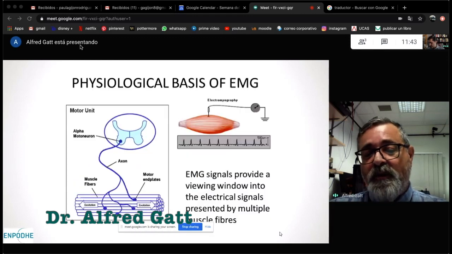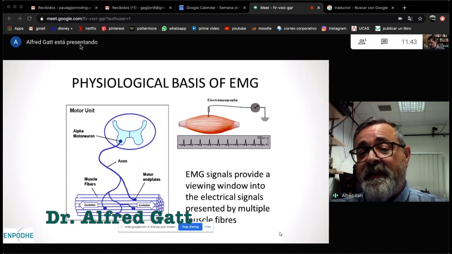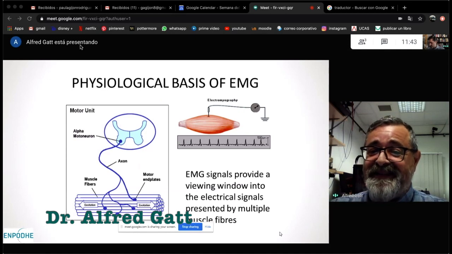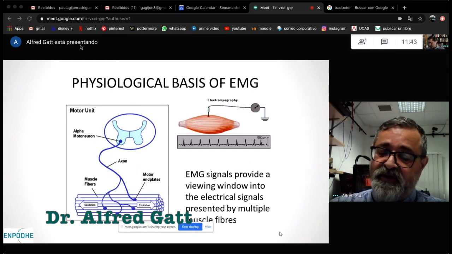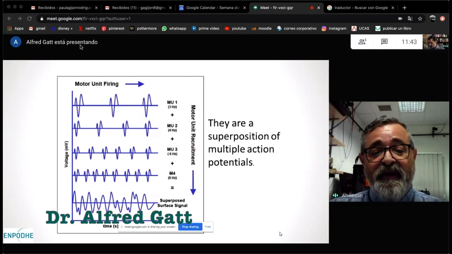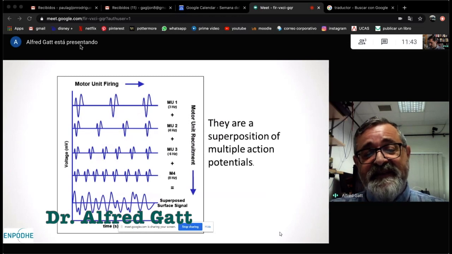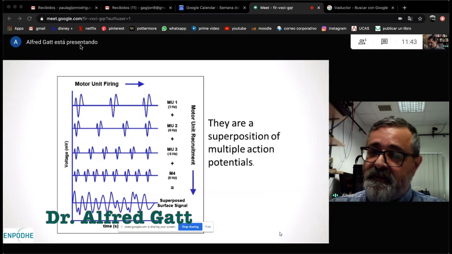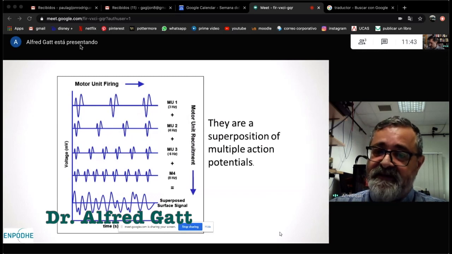So as we know, our EMG probe picks up the muscle electricity that occurs during muscle contraction. And we know that there are many of these signals that together form one signal.